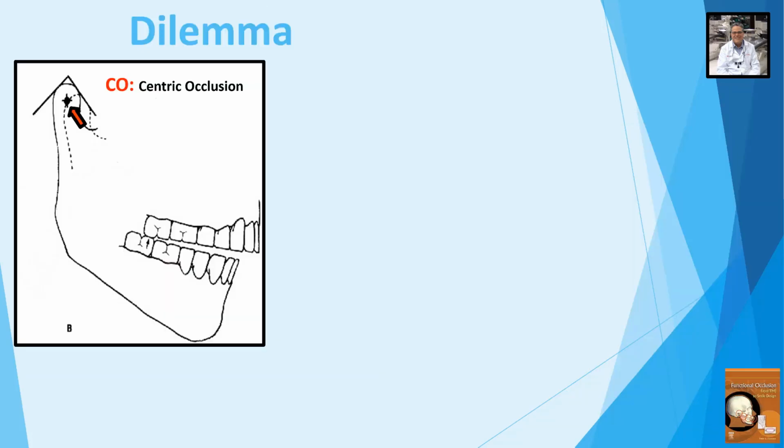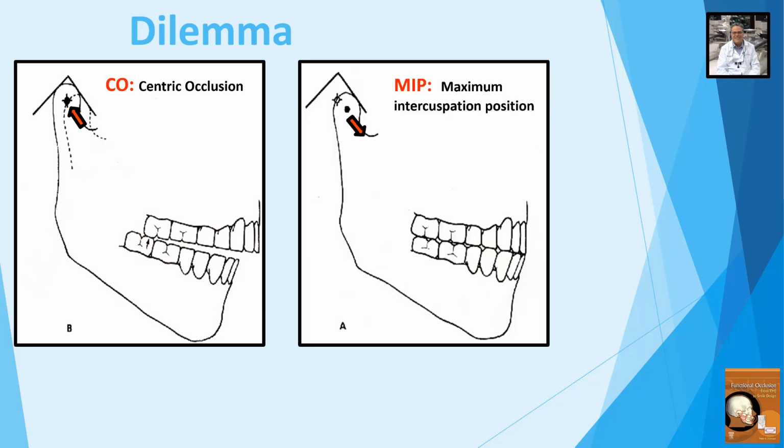But we have this dilemma, as I introduced last week, that when that condyle is seated in most people and they close into first contact, which we have called centric occlusion, somewhere in the back touches first. And in order for full closure to occur, which is defined as MIP, that condyle then has to come down that eminence a little bit for that to occur.